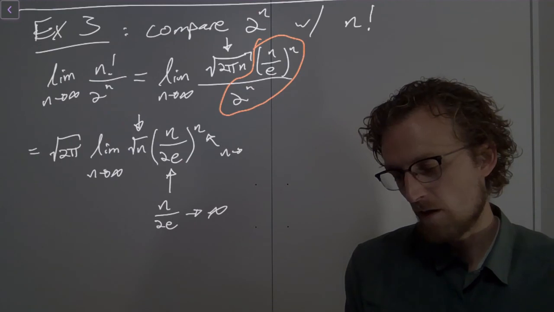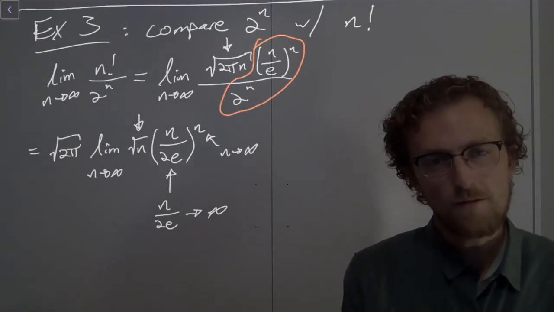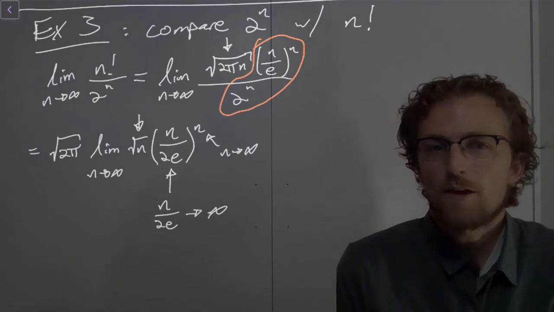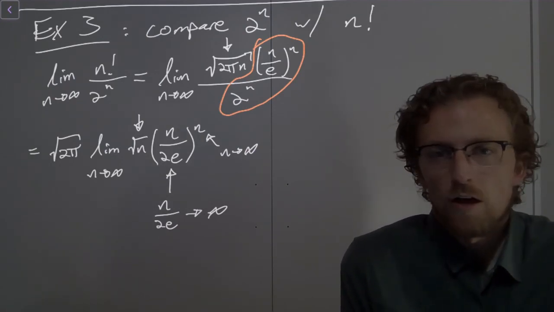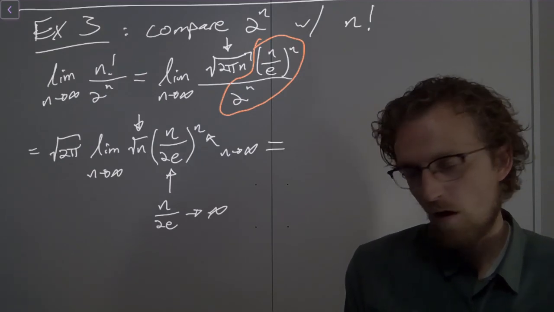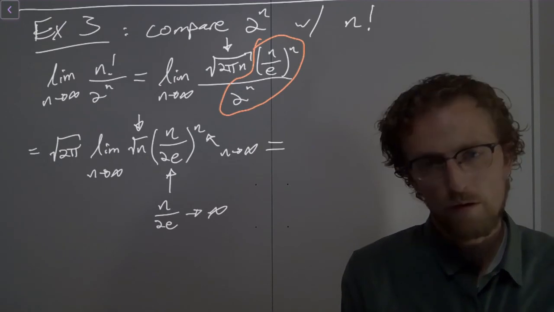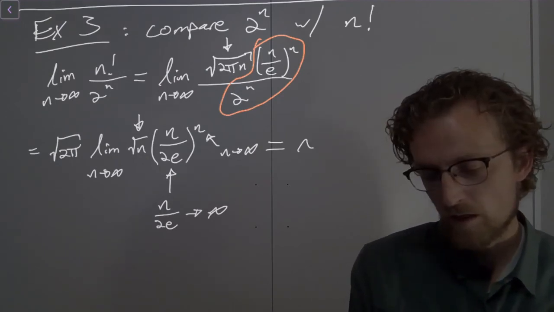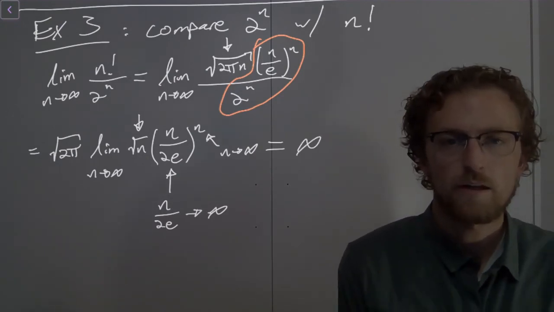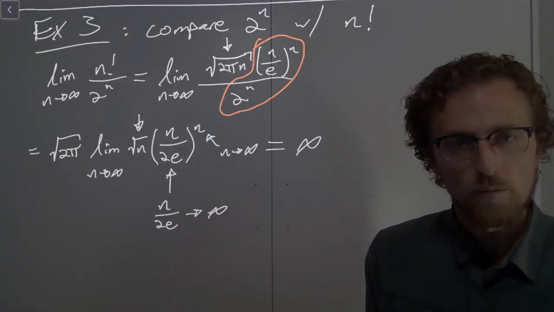And n by itself also goes to infinity, right? So we have a whole bunch of stuff that's going to infinity and nothing to slow it down. There's no longer anything that's growing fast in the denominator here. So take it all together, and this whole thing, the constant goes away, the square root goes away, all these powers go away, and we just say this whole thing goes to infinity, right? And you can check that it all goes to infinity by looking at each of the component parts.